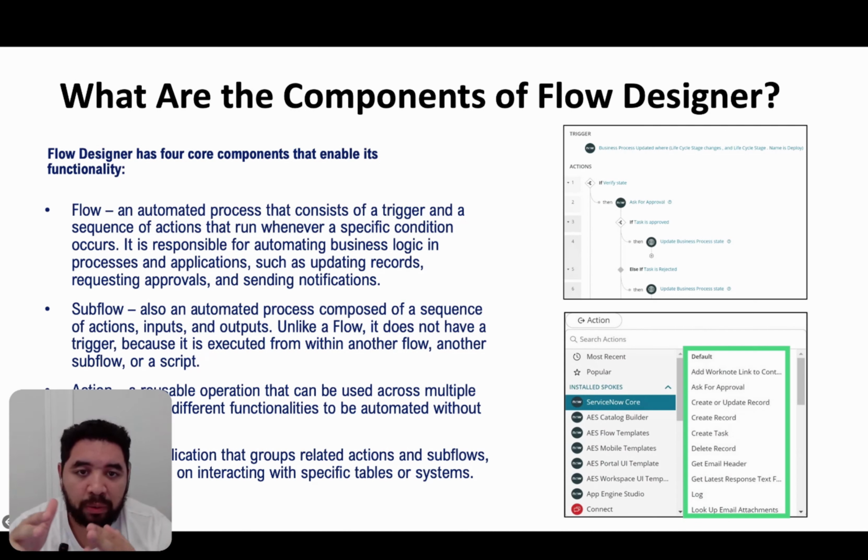Actions allow you to automate functionality without writing code and reuse the same logic across multiple flows. Finally, we have spokes. A spoke is essentially a collection of actions and subflows, usually grouped around a specific system, application, or set of tables. Together, these four components are what make Flow Designer flexible, reusable, and powerful for process automation.